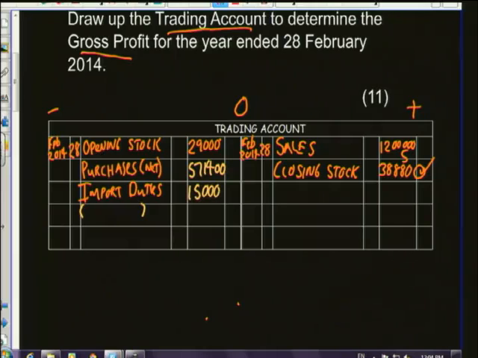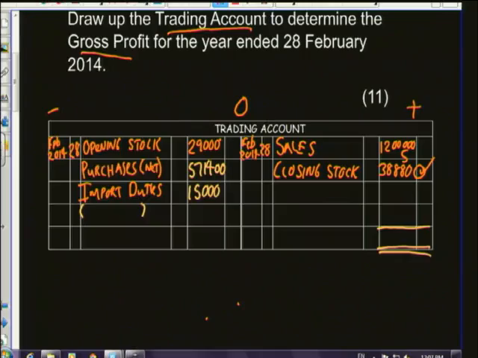Right, what's the purpose of drawing a trading account? You want to calculate gross profit. How do I calculate my gross profit? I'm going to take everything on my credit side, subtract whatever I've got on the debit side, and that gives me my gross profit. So let's do that.